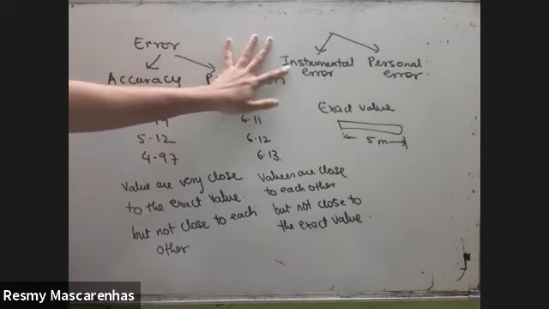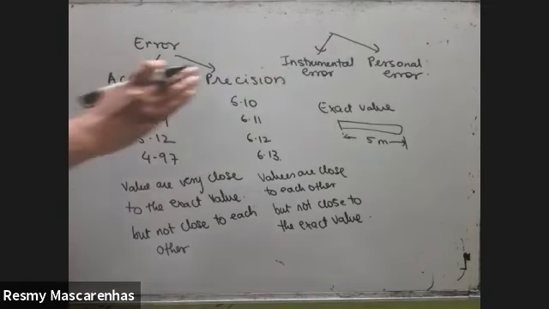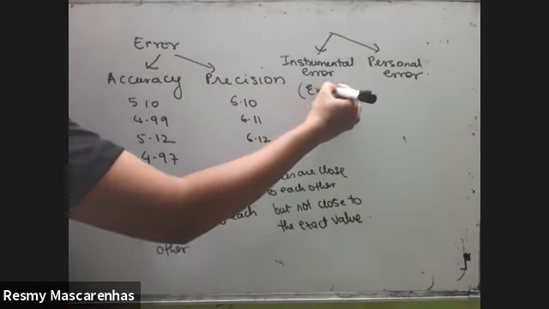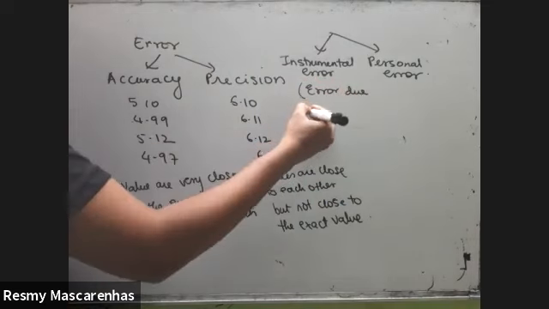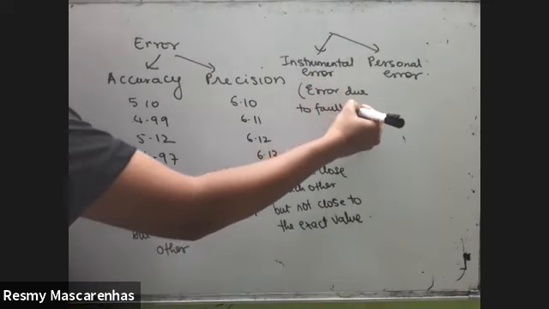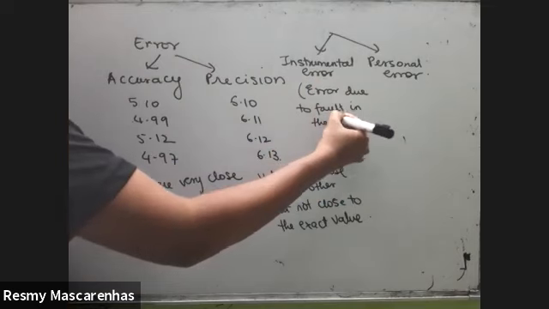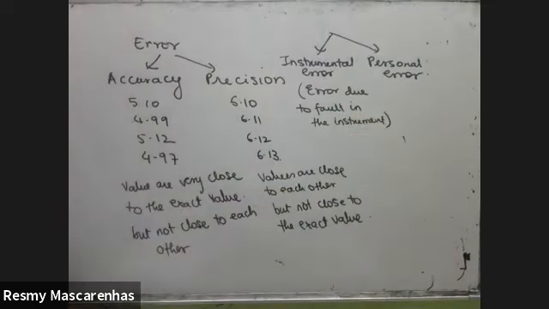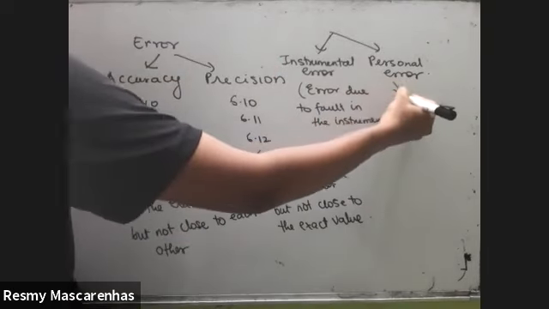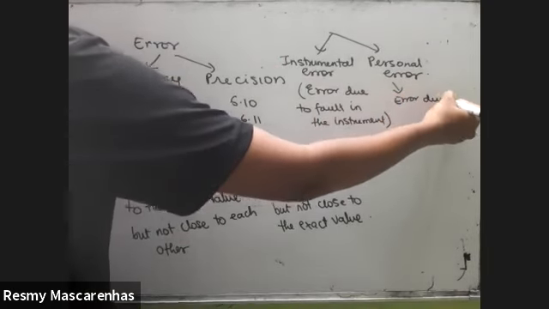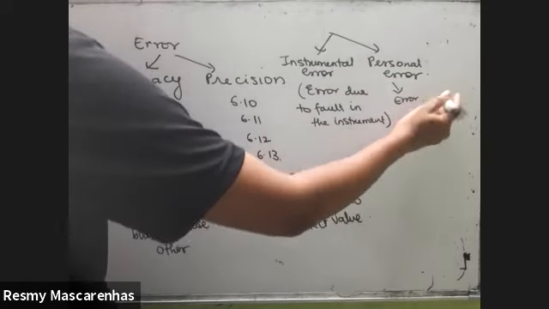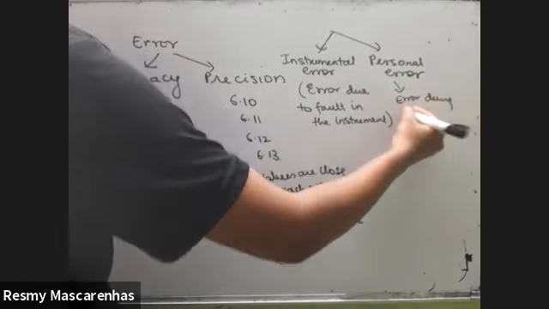Definitely if your instrument is faulty: error due to fault in the instrument. And personal error will be error during measuring.